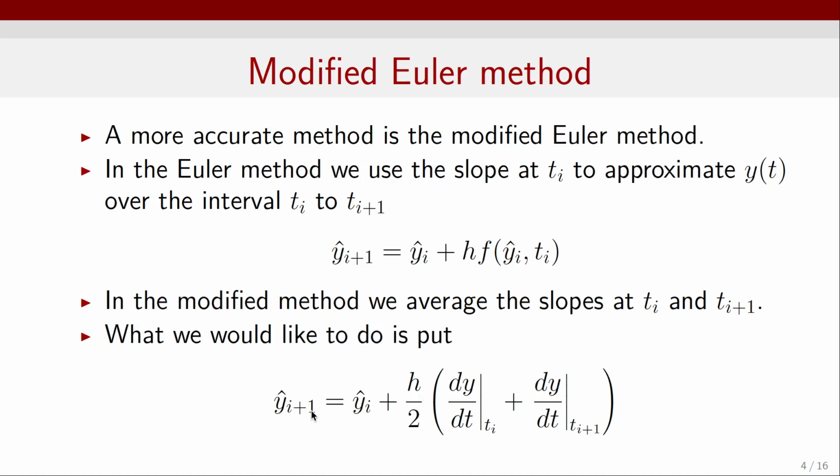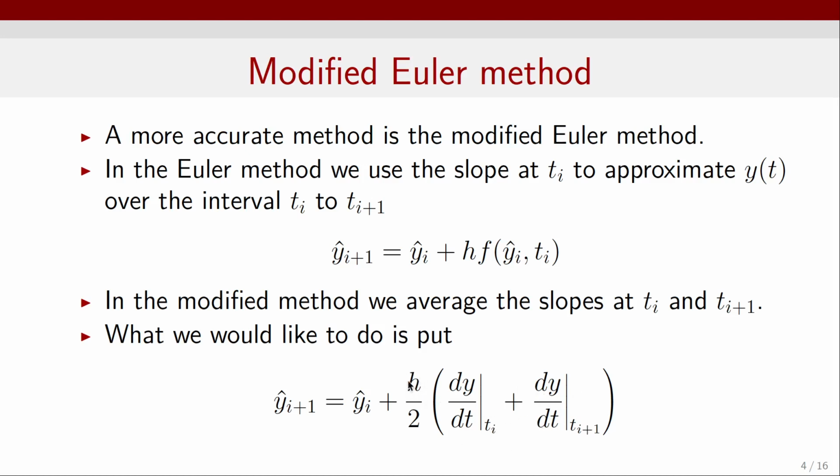Now, obviously, doing this iteration is going to cost more time if we have to do it at each time step. But there is a major advantage to this. The advantage of this formula is that it's time symmetric. As you can see, if I swap ti for ti plus 1, then this term stays the same.